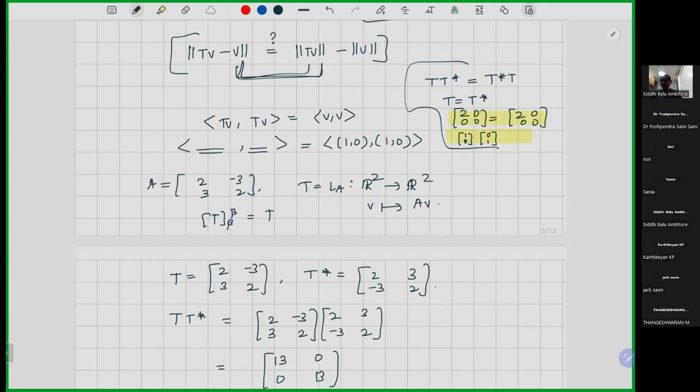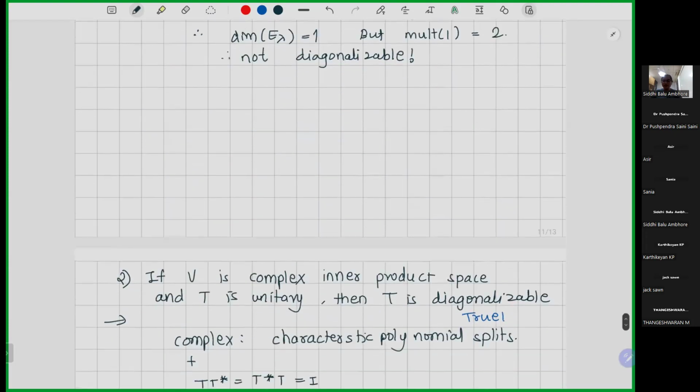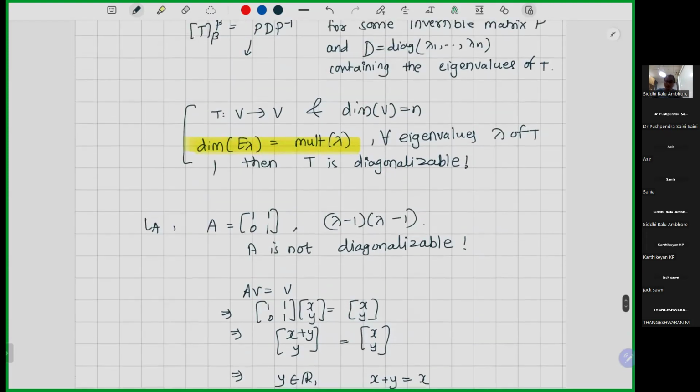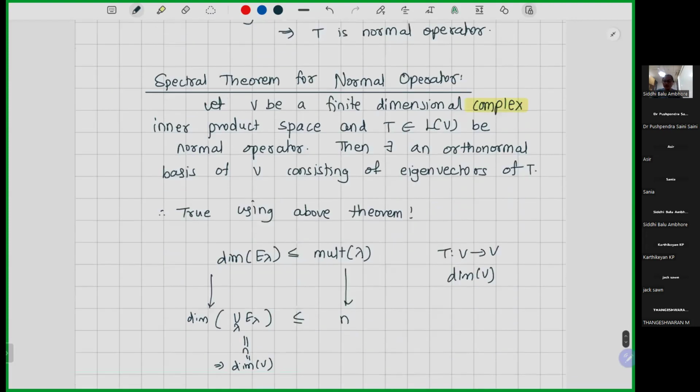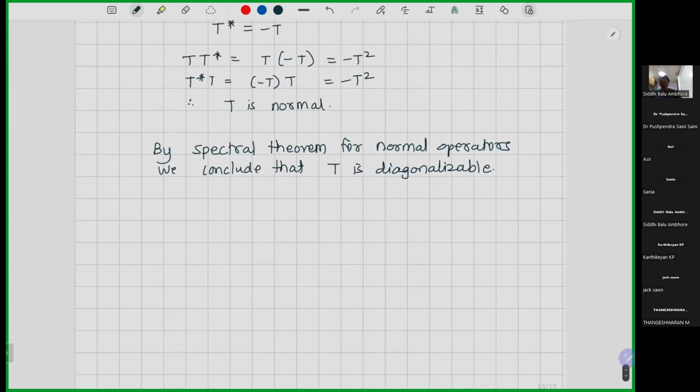And these are eigenvectors which are forming basis for R2. We can conclude that this is anyway a diagonal matrix, but this is one of the conditions, as sir was asking me what are the conditions to talk about diagonalizability. So this is an important condition, but if looking at the matrix or linear transformation you can directly conclude that these are eigenvectors and form a basis, then also we can conclude that T is diagonalizable.